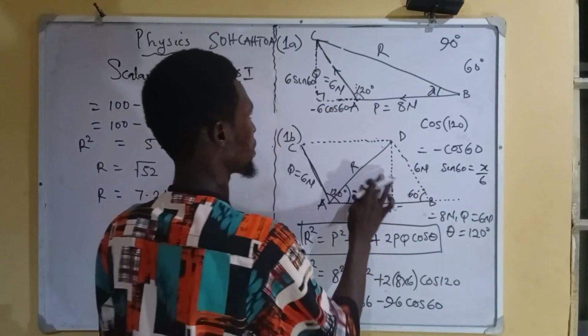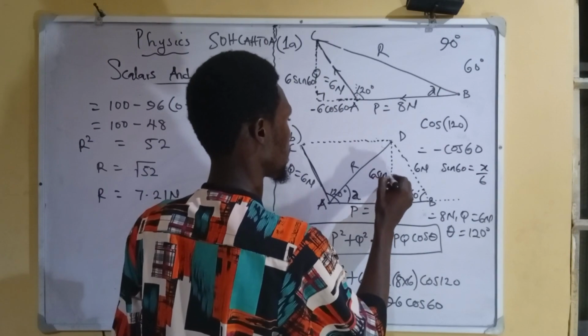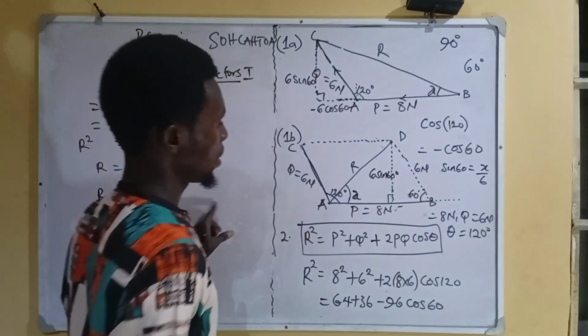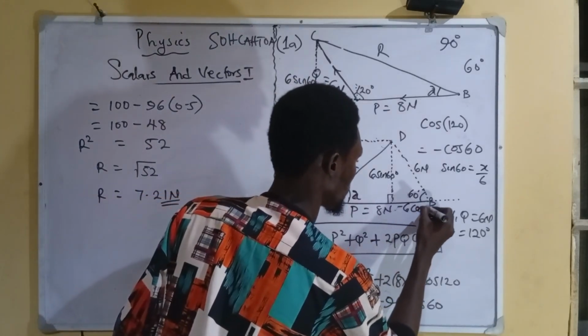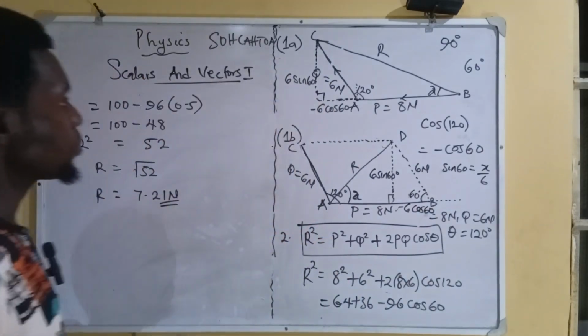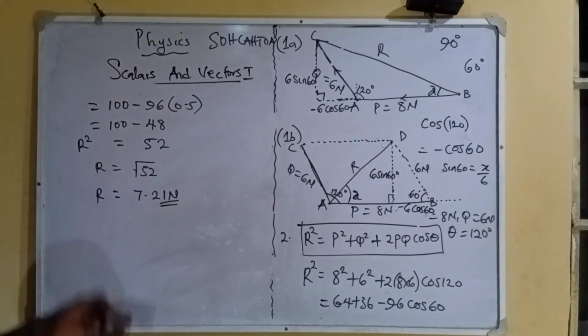All right, still the same thing. 6 sine 60, and here will be 6 minus cos 60.